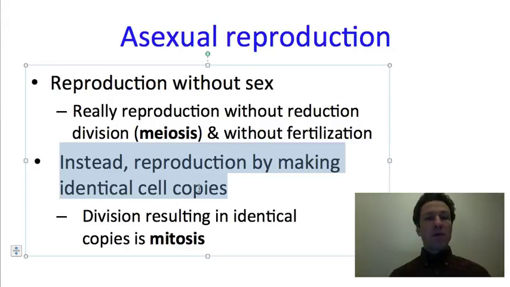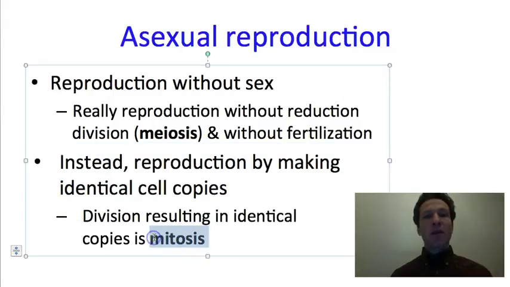They've got the same number of chromosomes, but they also have exactly the same genes. And so their traits are going to be basically the same as the parent. And the only kind of cell division that will happen in asexual reproduction is mitosis. We will never have a reduction division, so we will never have meiosis.